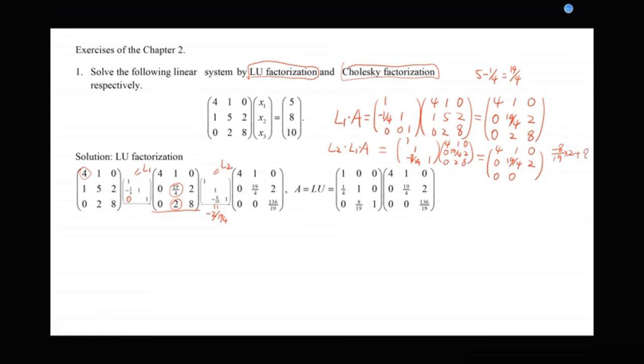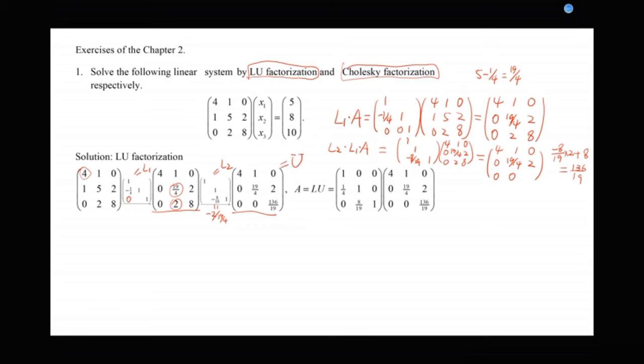The denominator should be 19, so it is minus 16 plus 8 multiply 19, which gives 136 over 19. You can use the calculator. So you obtain U, the last matrix.